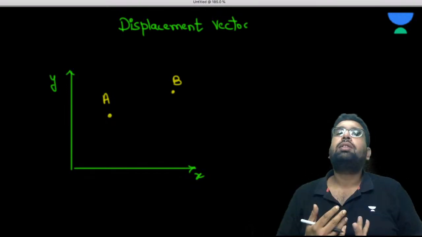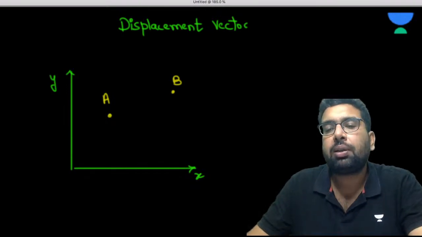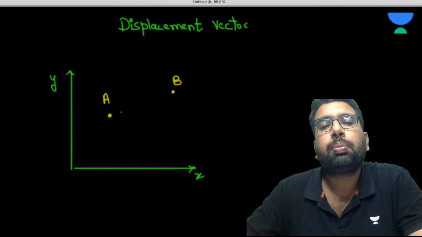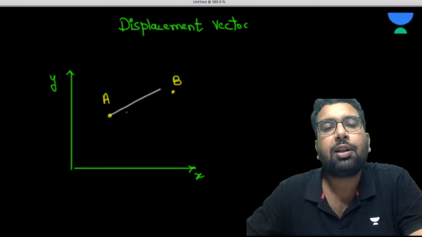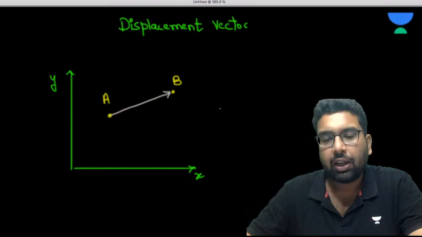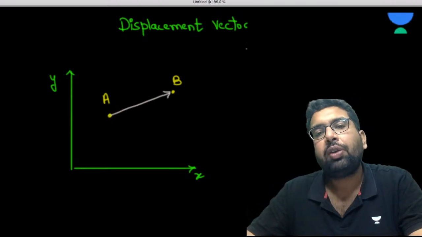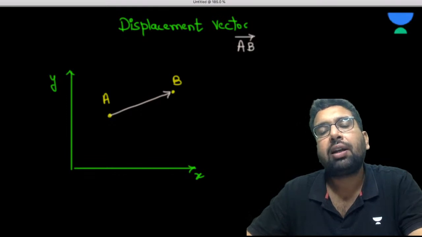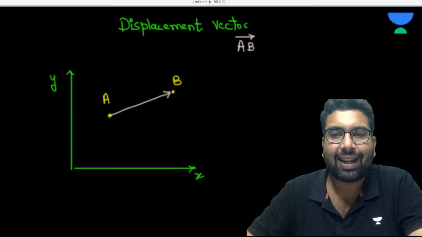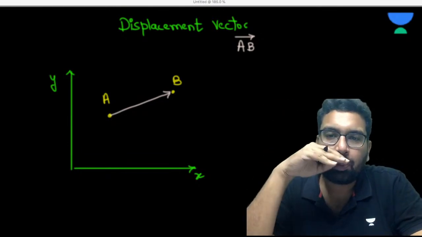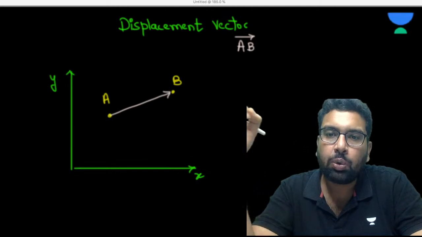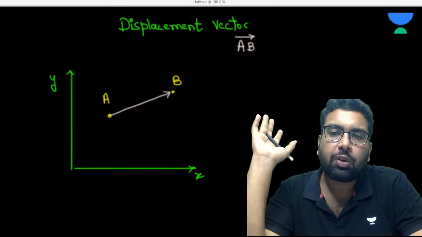The same way, that is the displacement vector. So what is the displacement vector? It is nothing but the vector joining the initial position and the final position. If between A and B we want to see the displacement vector, it is normally denoted as AB vector.